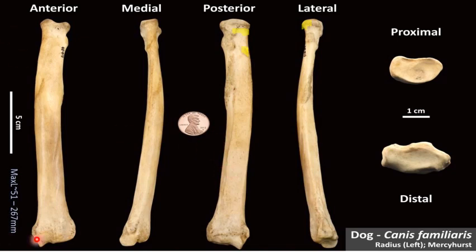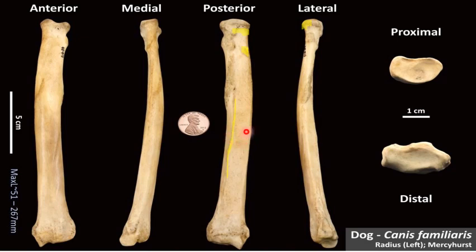Now, if we see the caudal surface, then it contains an interosseous border. This is the interosseous border which divides the caudal surface into two unequally divided areas. This two-third portion is the medial part of the caudal surface, while this is the one-third lateral part of the caudal surface.